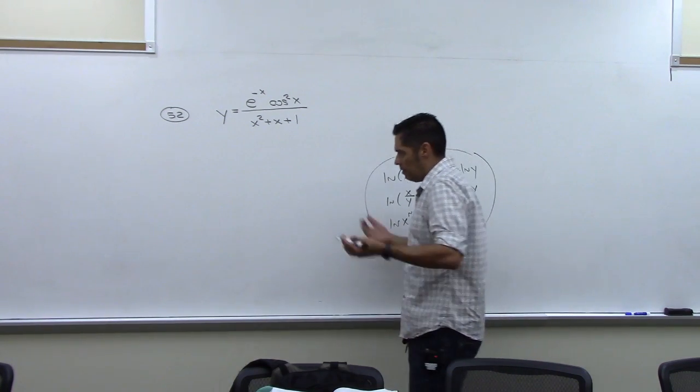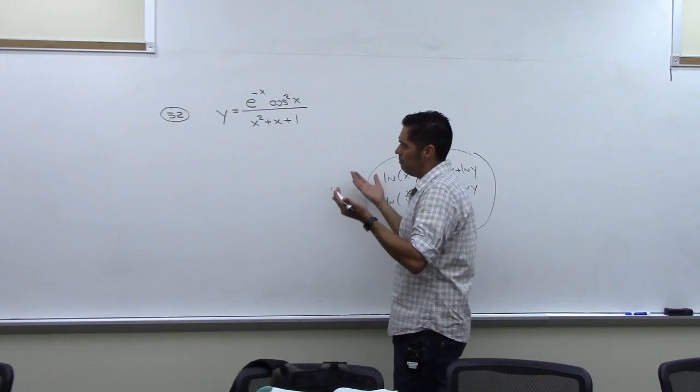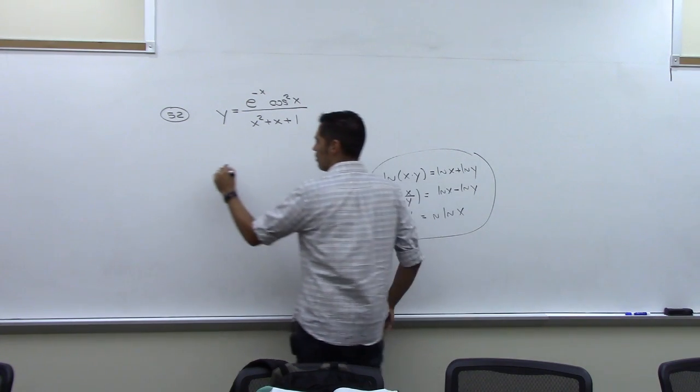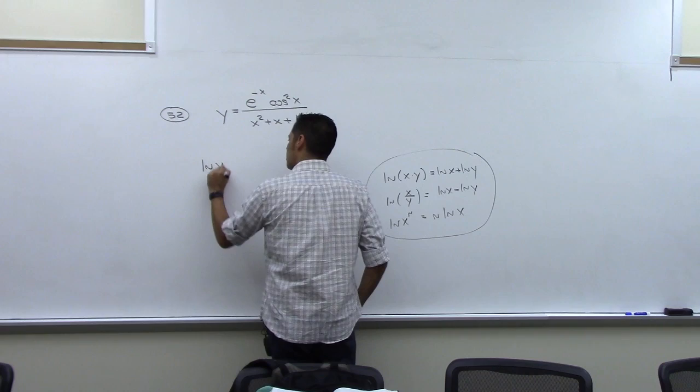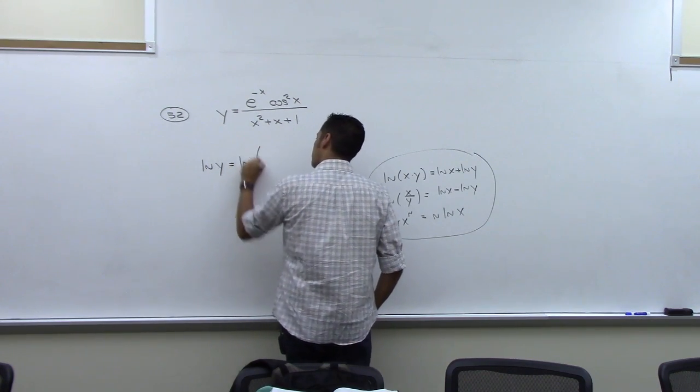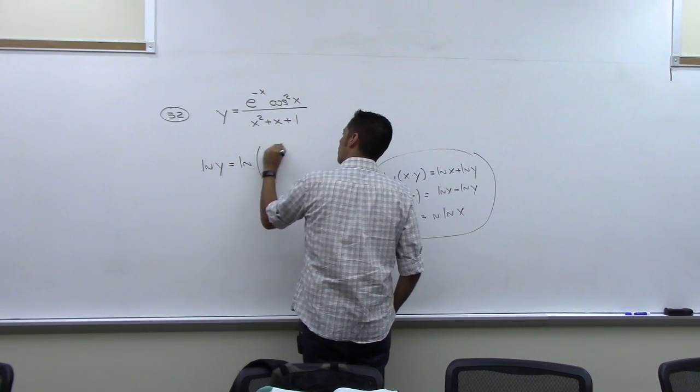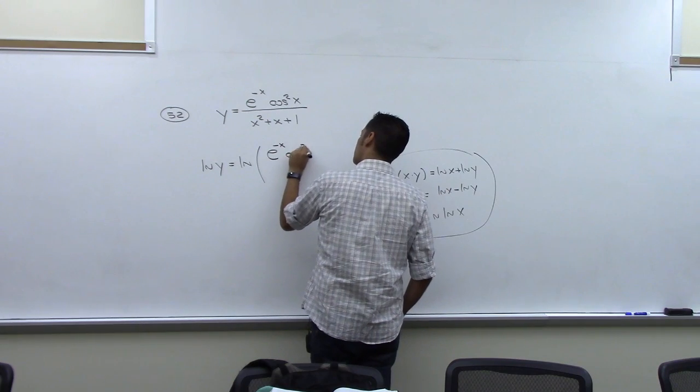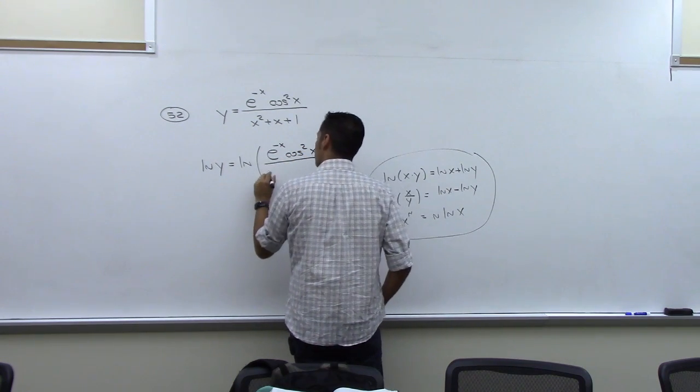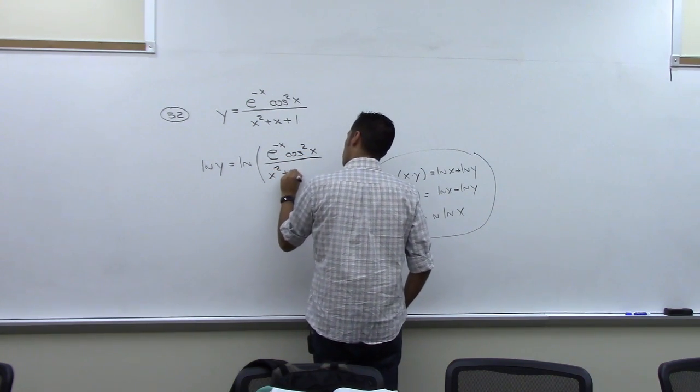So for logarithmic differentiation, we're going to take the natural log on both sides of the equation, which we are allowed to do because the natural log function is 1-to-1.